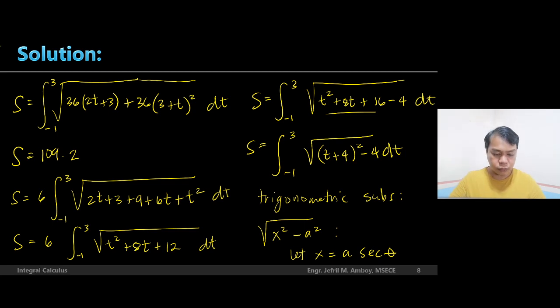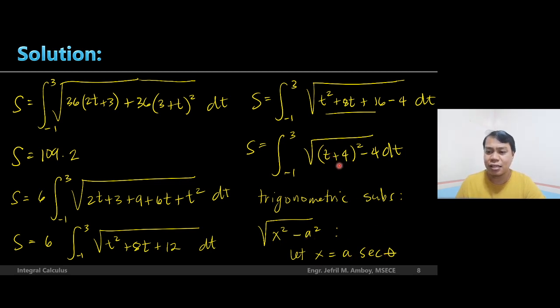Okay, so as I was saying, kapag sa integral expression mo, yung integrand mo ay nagko-contain ng square root of x squared minus a squared, ang trigonometric substitution na ginagamit is, we let x, the term here, be equal to a secant of theta.